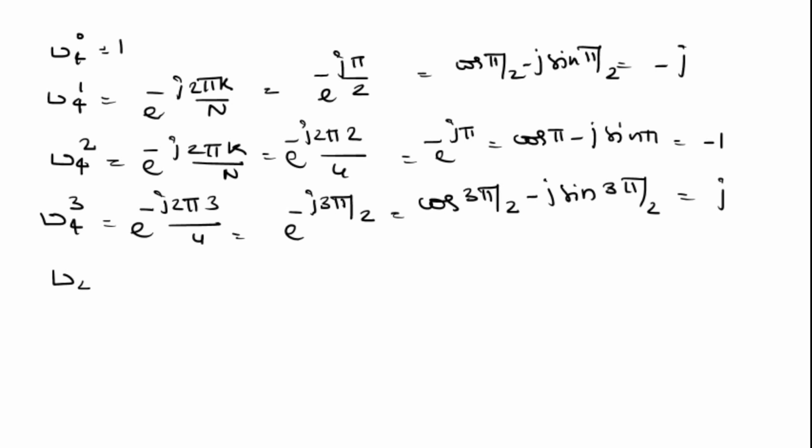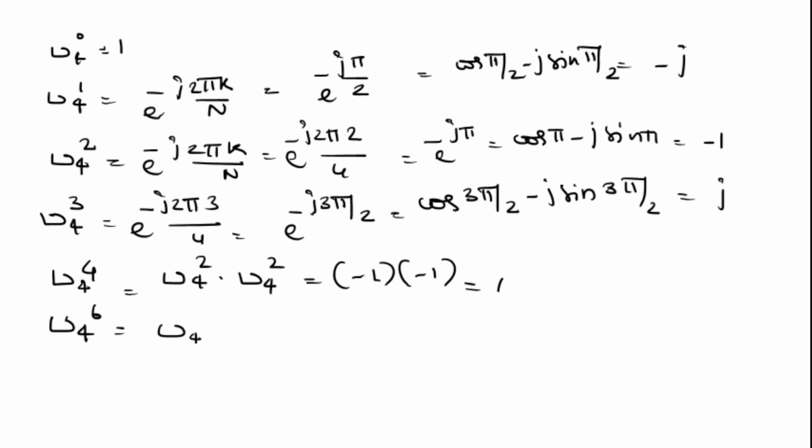Then omega 4 of 4, we can write it as omega 4 of 2 into omega 4 of 2. Omega 4 of 2, we already found it is minus 1, so minus 1 into minus 1, answer will be 1. Then omega 4 of 6 is omega 4 of 4 into omega 4 of 2, where omega 4 of 4 is 1, omega 4 of 2 is minus 1, which is equal to minus 1.